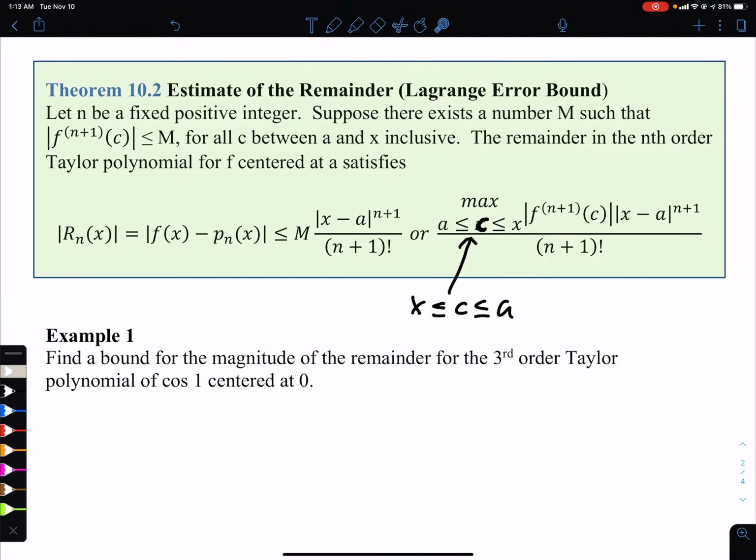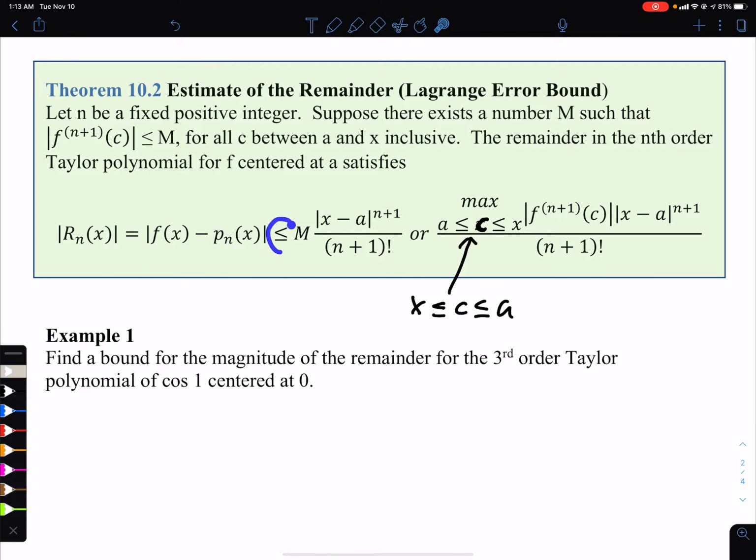So we want to get an error bound, a bound for the amount of error for a Taylor polynomial. So we're trying to find a bound for the remainder, and that's another definition of the remainder. And again, you could just say error.